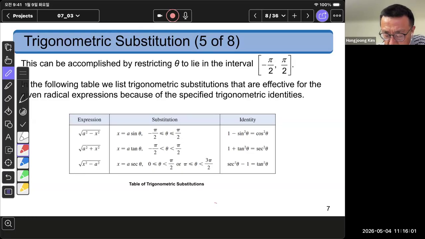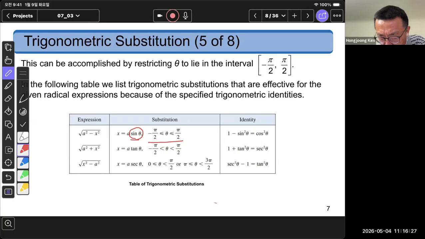Given the sine function, if I restrict the angle to negative half pi to half pi, then the sine function is one-to-one, so that we can think of its inverse.